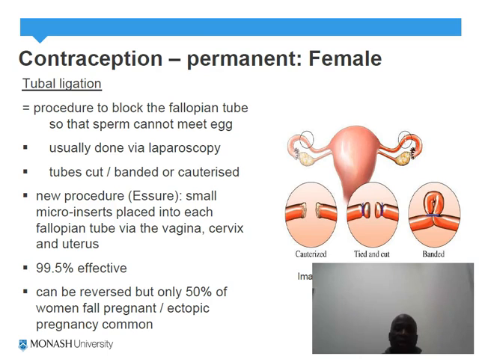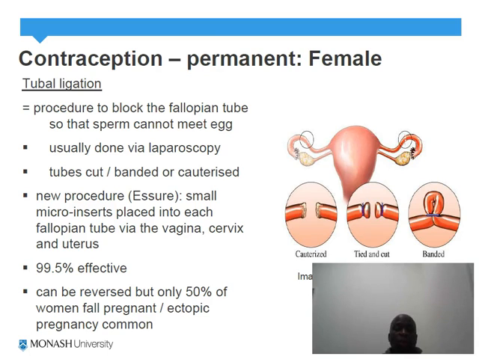They are cut to block the movement of eggs into the uterus. They are either blocked by using a band, a rubber band or any kind of band, or they are cut. And like you have seen in the picture, the ends are tied or cauterized. This is usually done via laparoscopy.